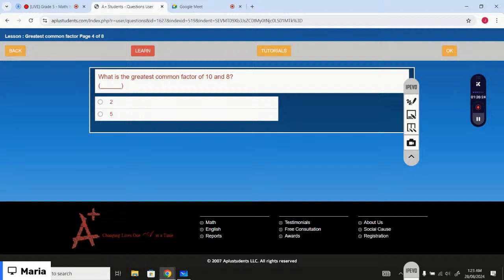The correct option is again 2. 2 times 4 is 8 and 2 times 5 is 10. So the greatest common factor is 2.